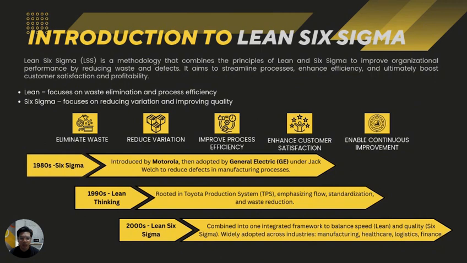So LSS was first introduced in major companies like Motorola and Toyota and has since become a global standard for quality improvement. So its core goal is to deliver better, faster, and cheaper results by streamlining operations and reducing variation.